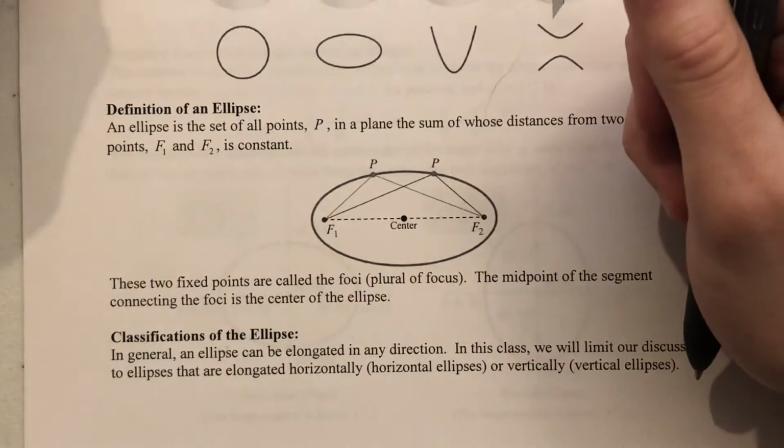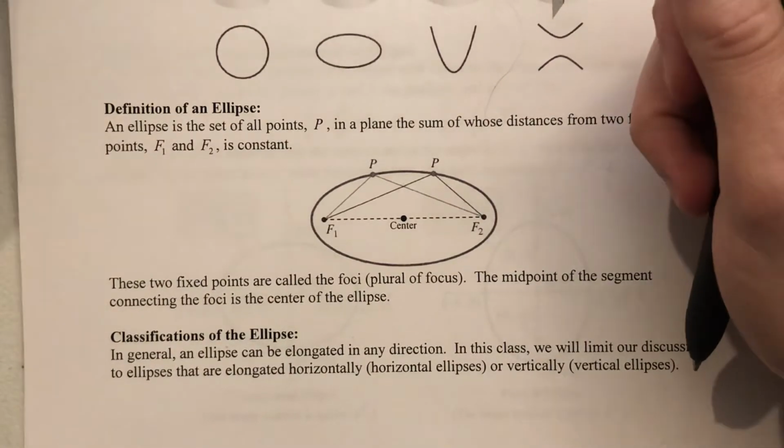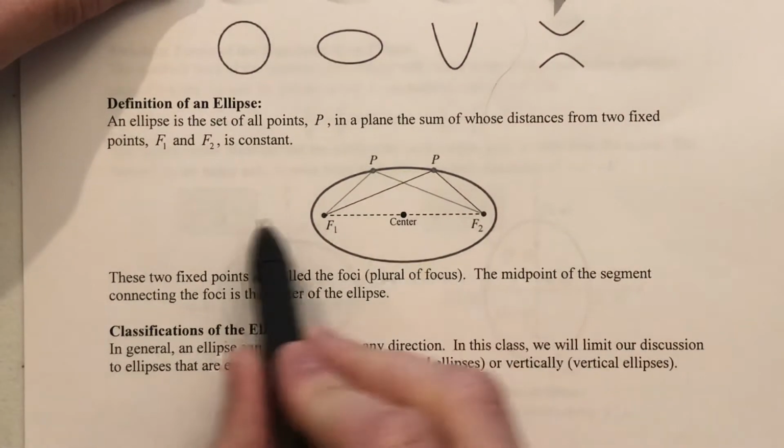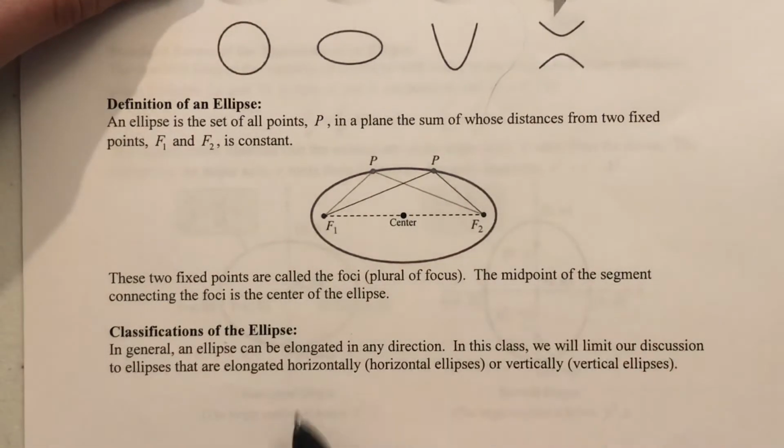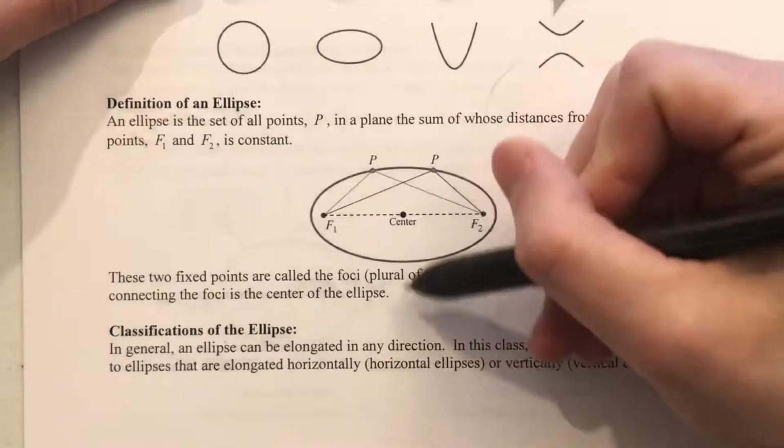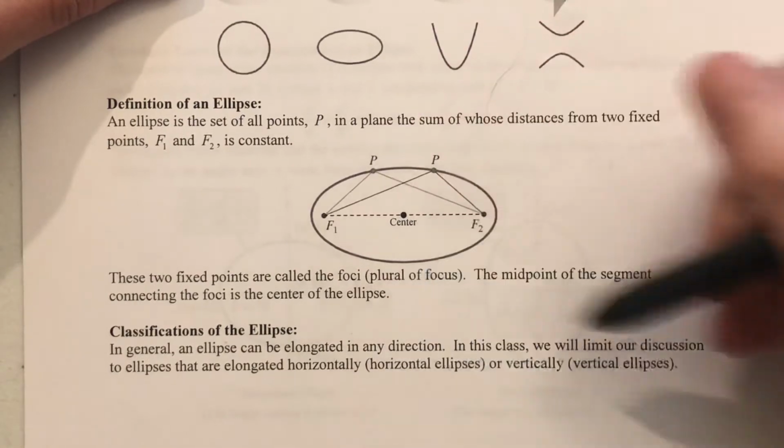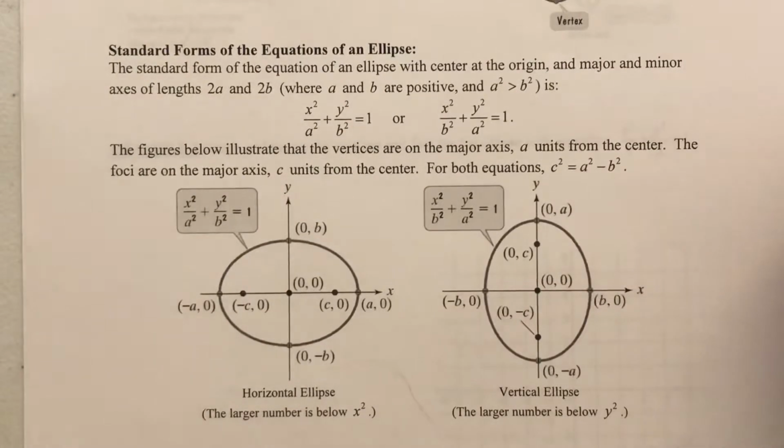So as far as classifying them, we essentially just classify them based on which way they're stretched further. We can see ellipses stretched left and right, in which case we call that a horizontal ellipse. We can see ellipses stretched further up and down, which we call vertical ellipses.